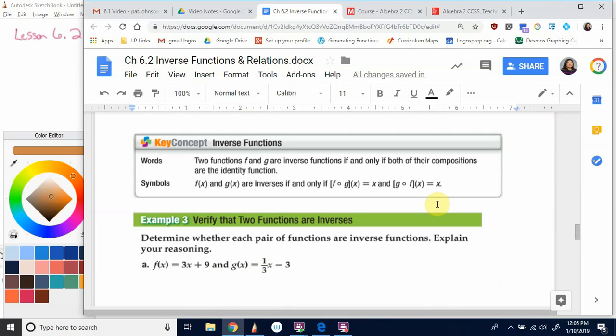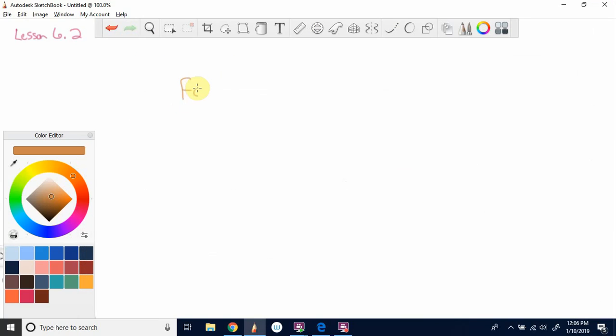Two functions f and g are inverses if and only if both of their compositions are the identity function. Basically what they're saying is, if you do f of g of x and g of f of x of the two functions, and you get x, then they're inverses.